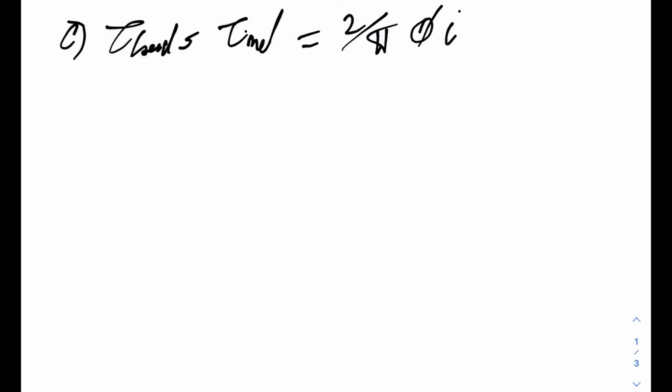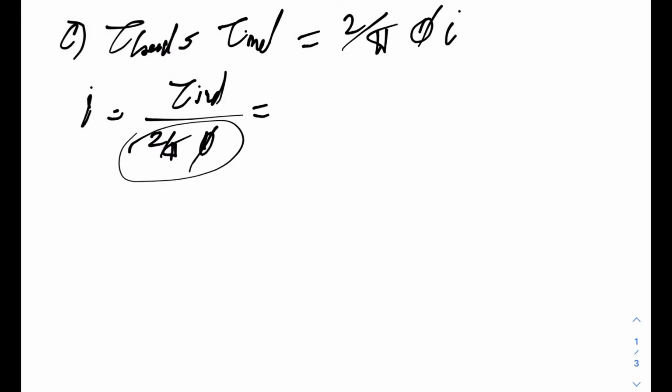Therefore, current will equal what? Torque induced over 2 over pi times flux. We can also change this quantity to be what here? Torque induced over 2 R L B.